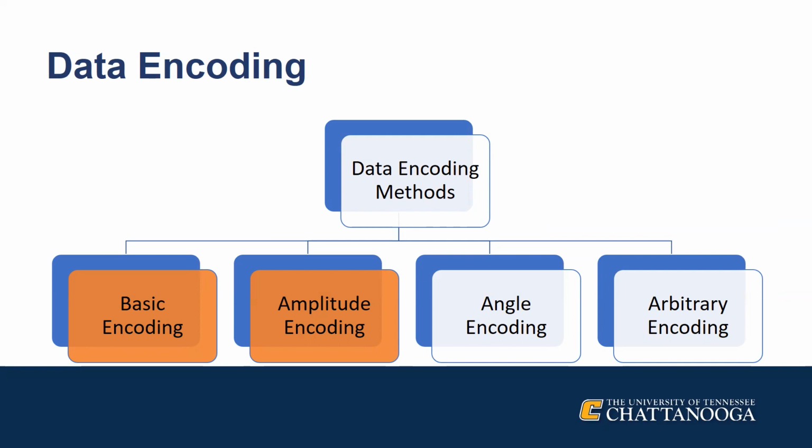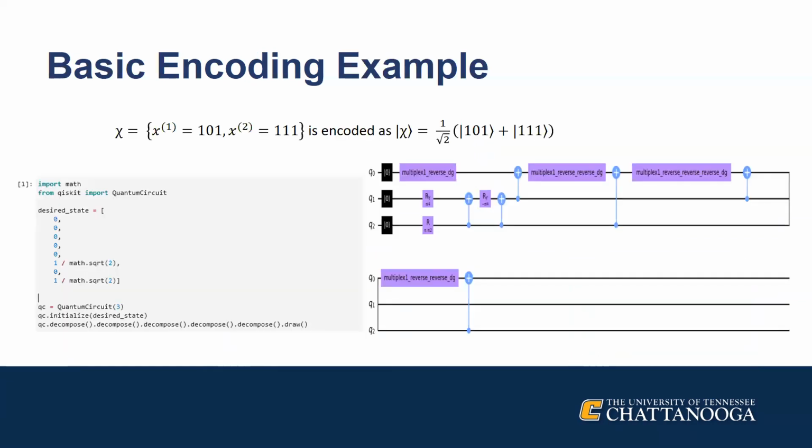Here, I focus on these two just to have an intuitive idea of what data encoding actually is. So here we have the basic encoding, where the entire data is represented as superpositions of the computational basis states. So we have here our example.